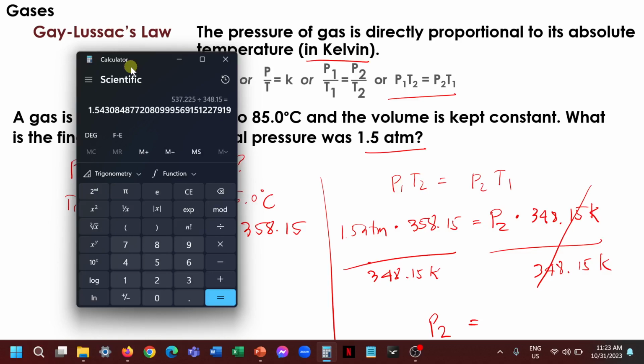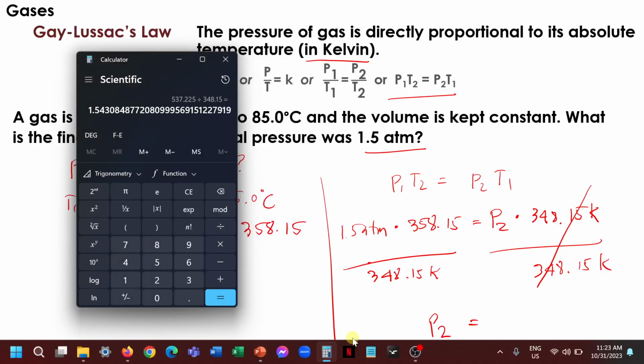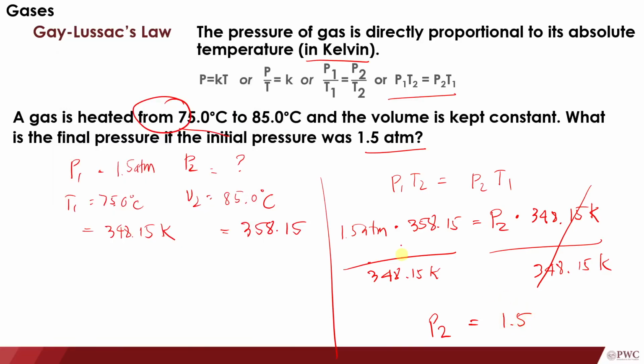So we have 1.54 something. Here we have 3 sig figs. No, we have 2 sig figs as the lowest. So with 2 sig figs, we have 1.5. Cancel Kelvin. What's left is the atmosphere. So our P2 is equal to 1.5 atmospheres.